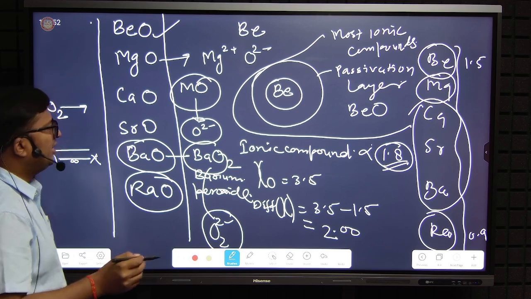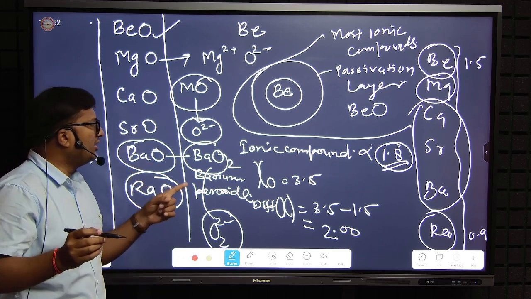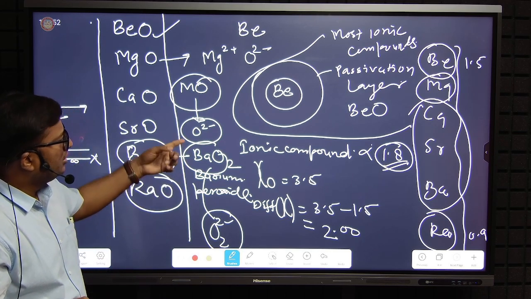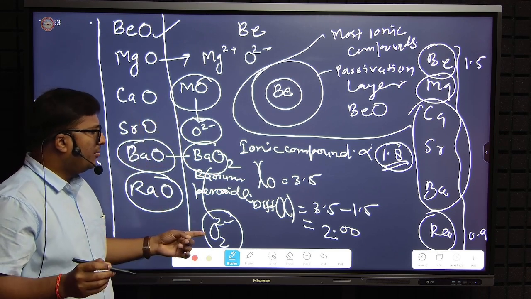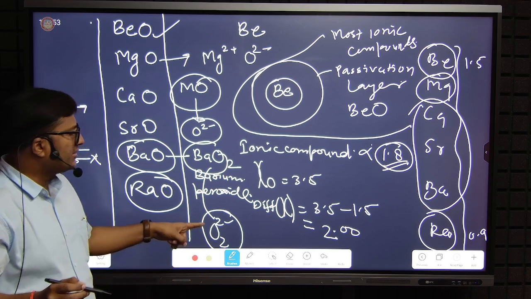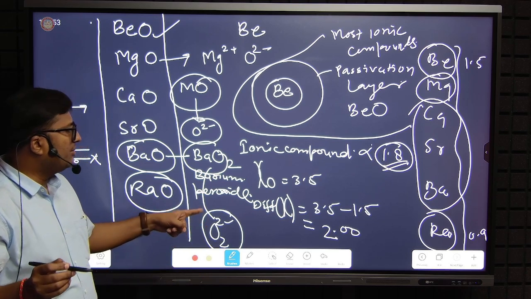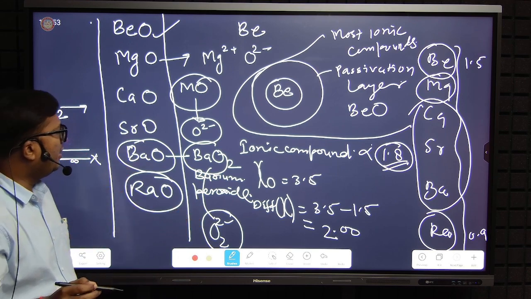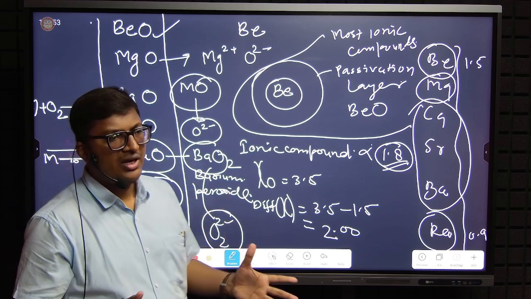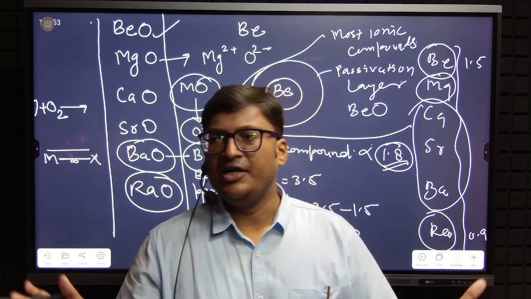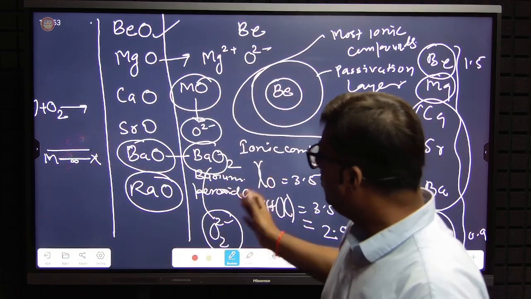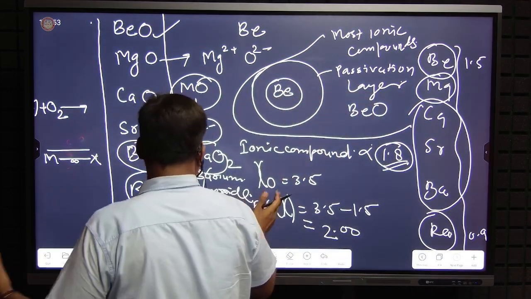And in the previous lectures we have told that this oxide anion is smaller compared to the peroxide anion. So peroxide anion is a larger anion, so it can be stabilized through a larger cation. So barium 2 plus is actually larger in size in that particular group, so it can stabilize the larger anion.